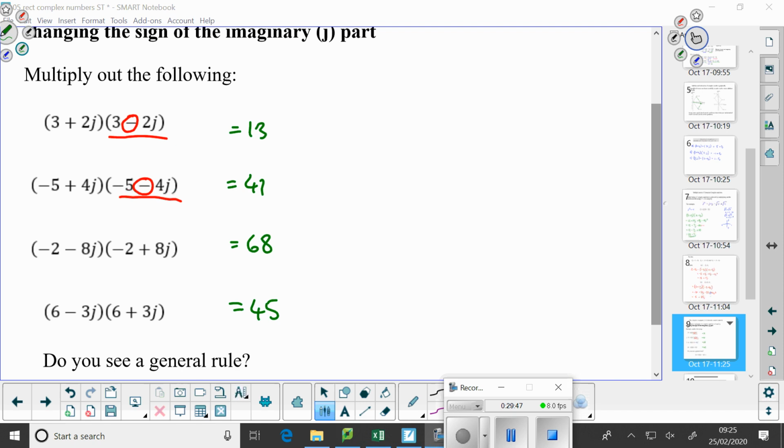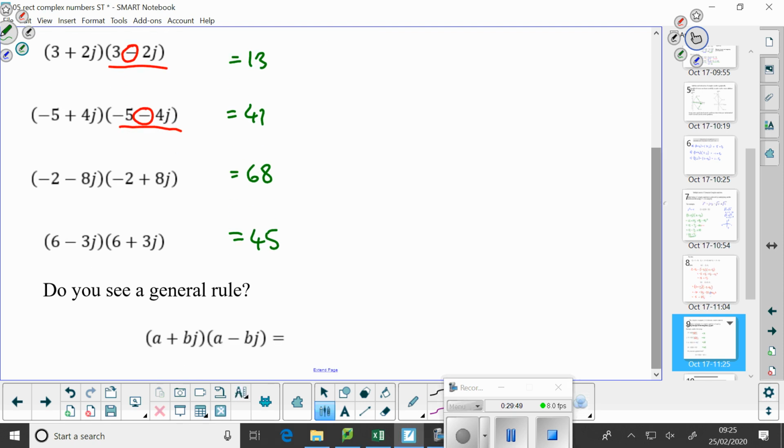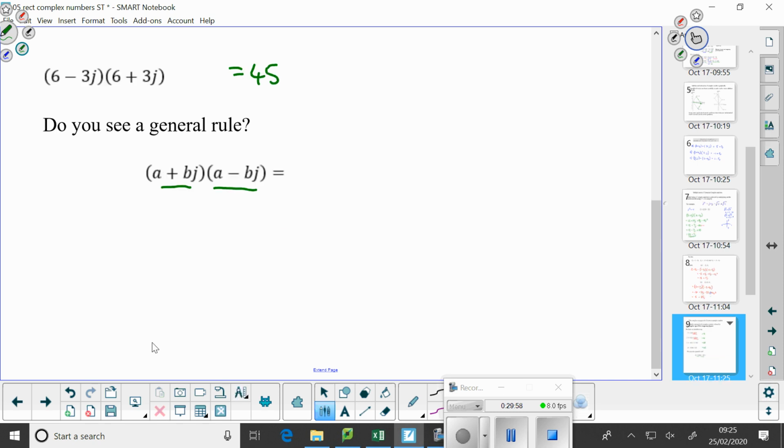So looking at the general rule, we're doing a plus bj multiplied by its complex conjugate, a minus bj. If we multiply that out, we end up with a squared plus a times bj minus a times bj minus b squared j squared.